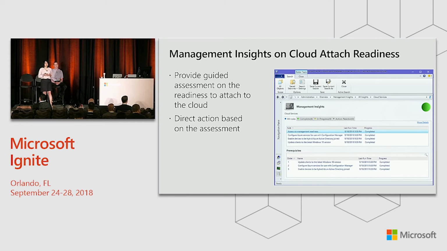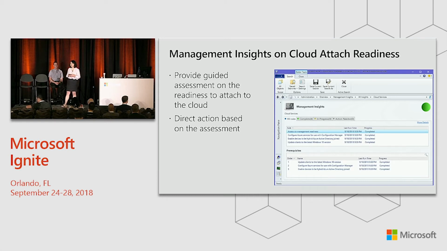There are rules built based on best practices, or based on prerequisites that the feature needs. In this case, for co-management, ConfigMgr has a set of rules to tell you how ready you are. And I'll have a demo to get into more details for that.